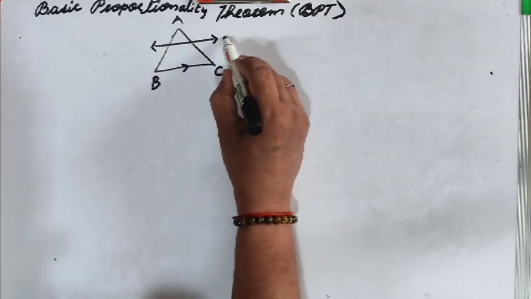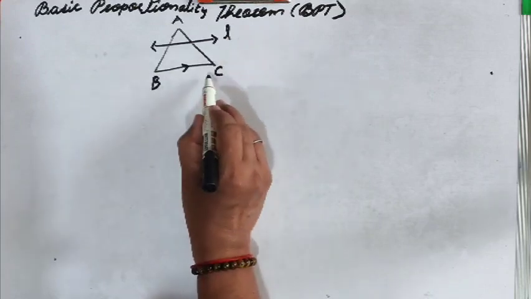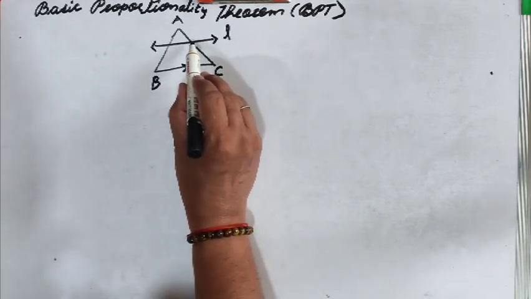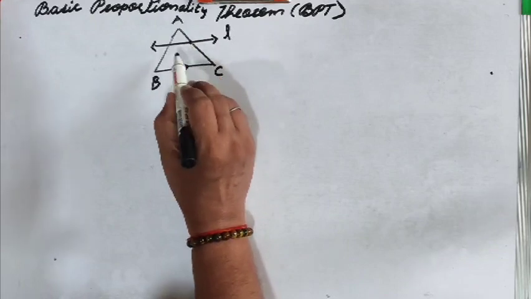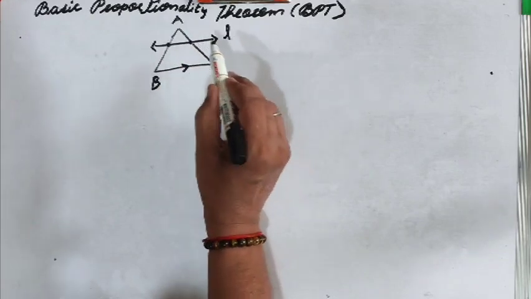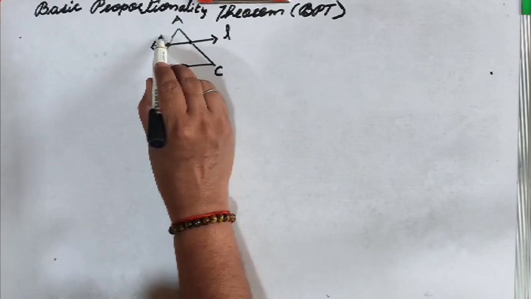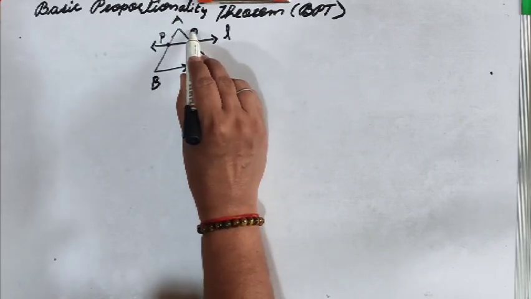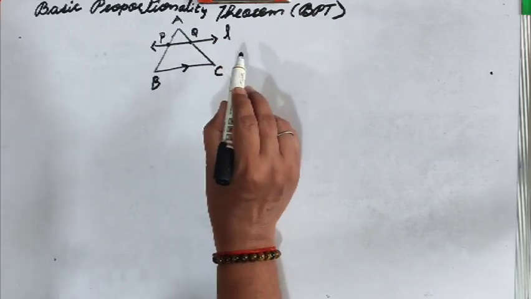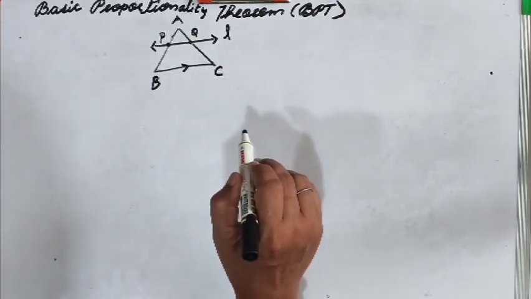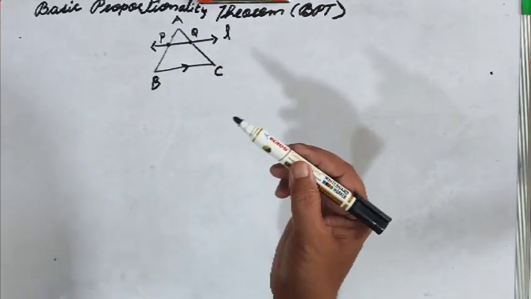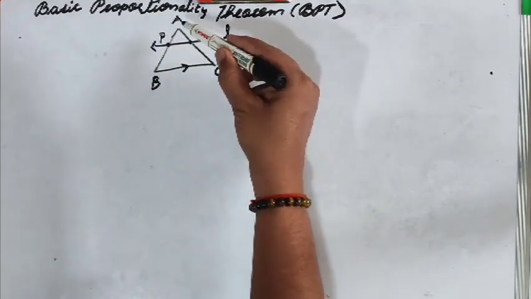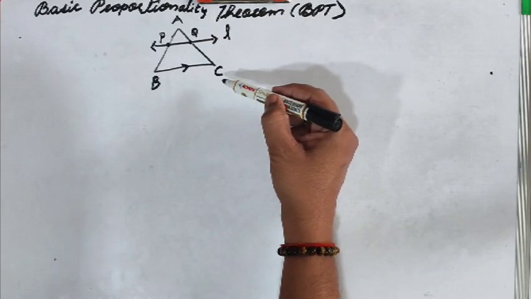Suppose L is a line which is drawn parallel to BC, and it intersects AB and AC, say at point P and point Q. This is the given part. Now with the help of this, you want to get AP upon PB equal to AQ upon QC.